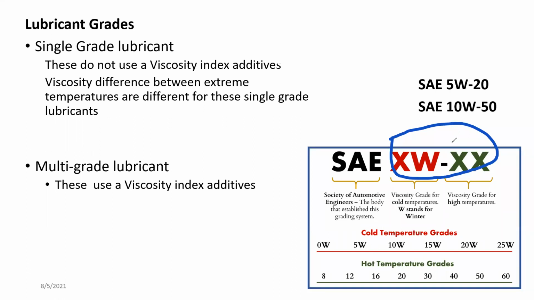W in the low temperature grade means winter. W stands for winter. So when you go to buy a lubricant, it says say 5W20. It has 5W, grade of 5 at cold temperature, and grade of 20 at hot temperatures. So this lubricant can maintain that.